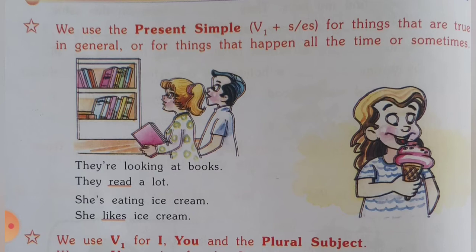With the pronouns I, we, you, they or a plural noun, we use the main verb with that pronoun. We use the verb plus s or es when the pronoun he, she, it or a singular noun is given as the subject.